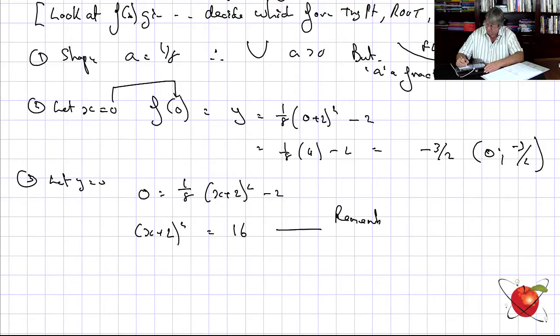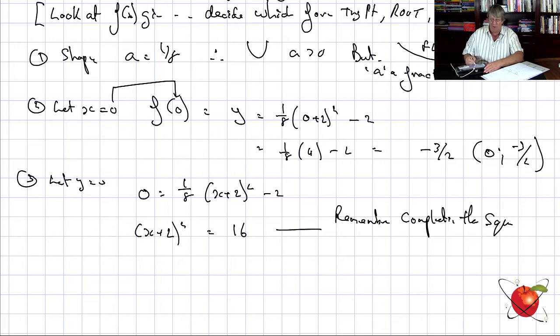You don't have to multiply out. Remember, in completing the square, you can just take the square root of that side straight away.